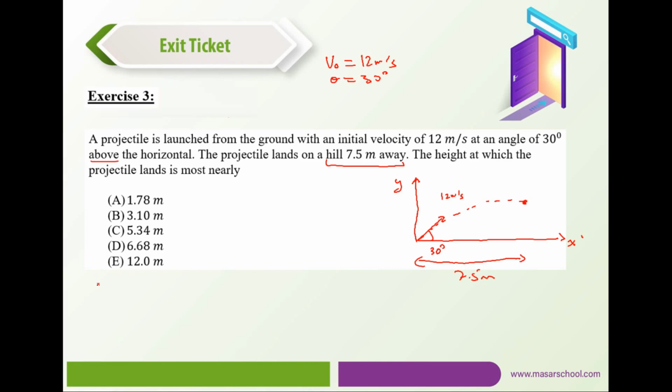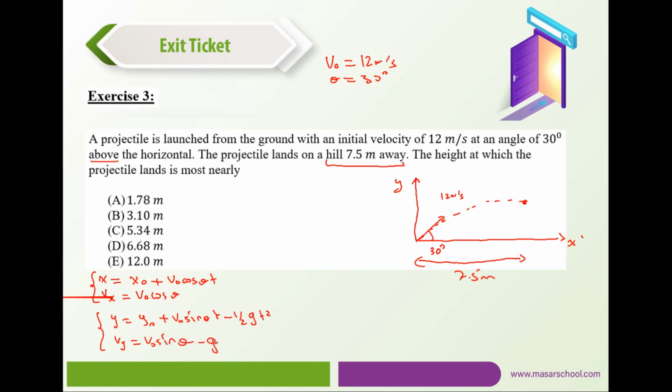Now let me write the equations of motion that we have for projectile motion. Along the x-axis, we have x equals x0 plus v0 cosine theta t, and basically vx is v0 cosine theta. And along the y direction, we have y equals y0 plus v0 sine theta t minus half g t squared, and vy is given by v0 sine theta minus g t.